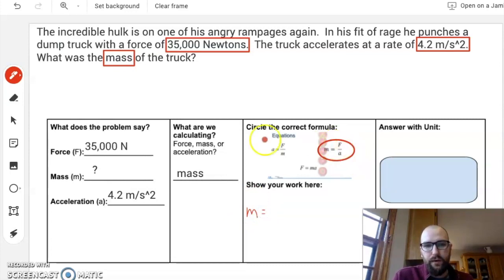F is force. My force is 35,000 newtons, divided by my acceleration. A is on the bottom. My acceleration is 4.2 meters per second squared.